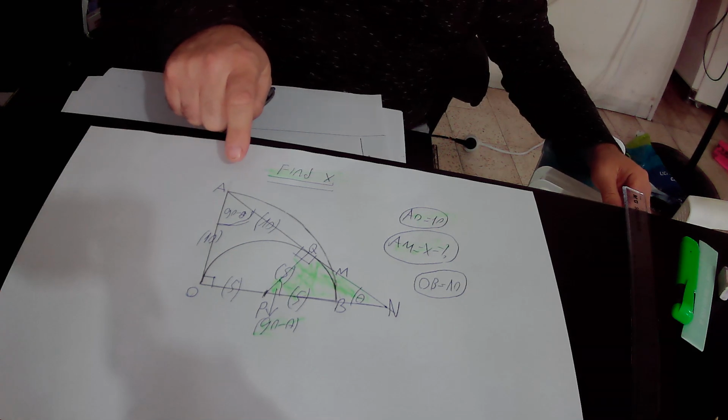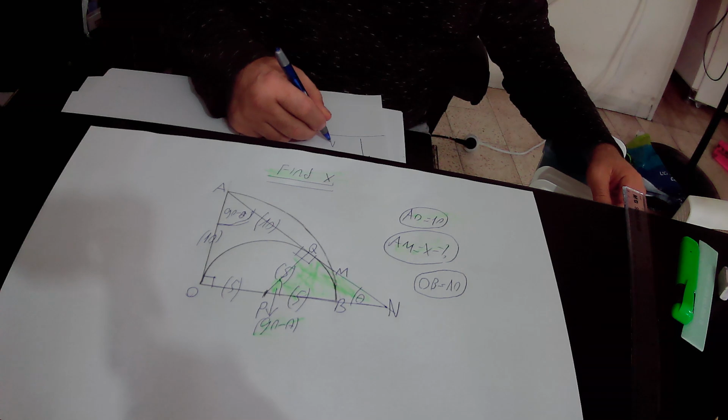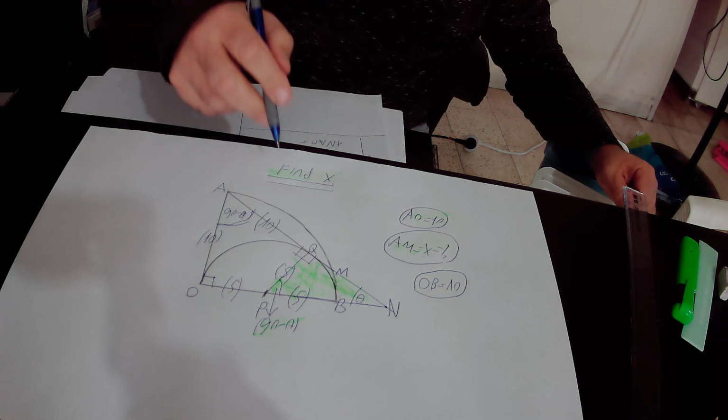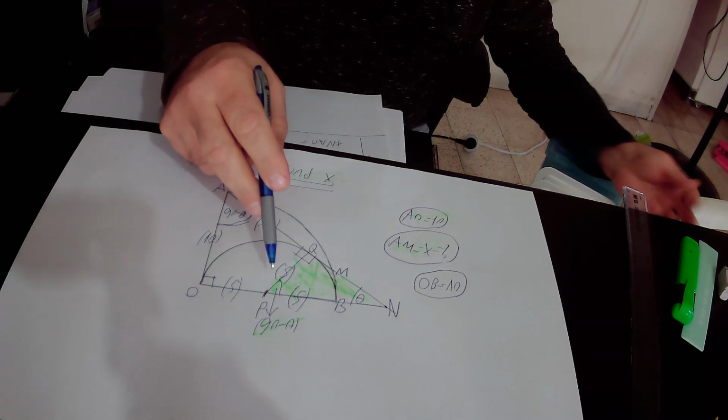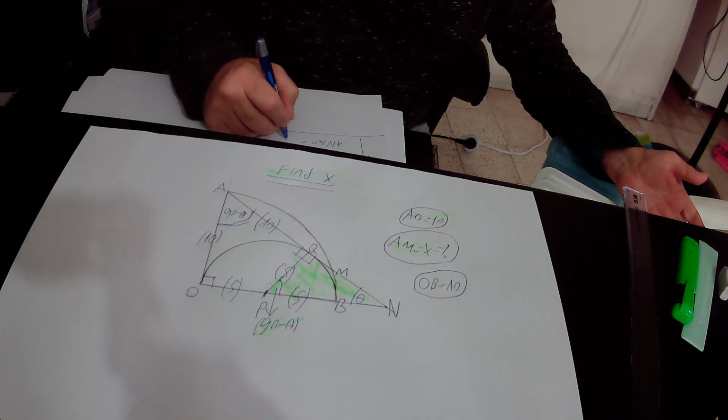So this is angle NAO in the big triangle ANO, and it is equal to this angle, which is actually angle QPN in the green triangle.